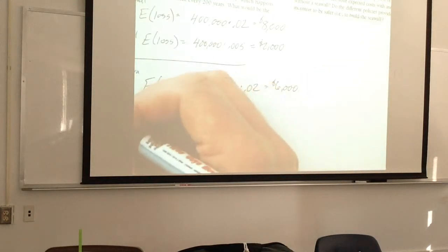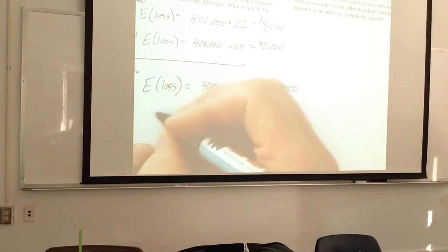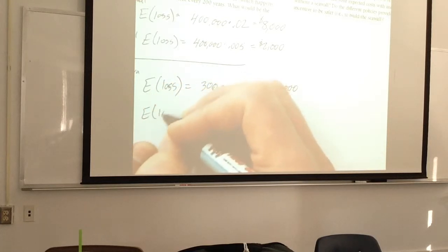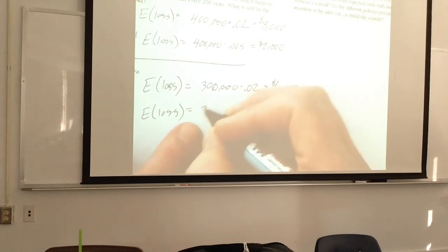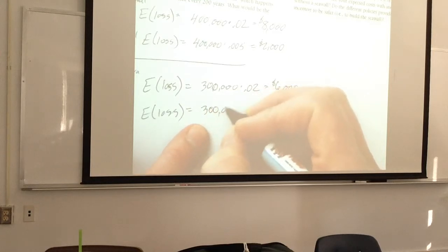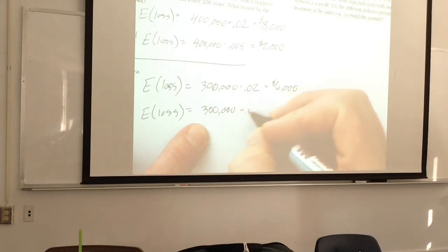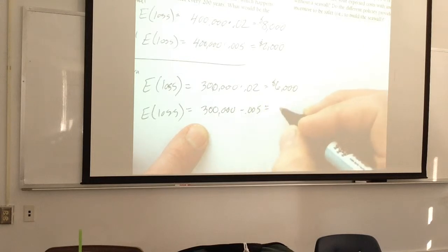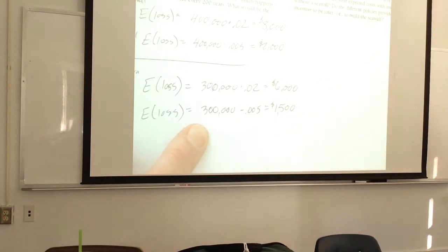And then with the seawall, we've got the 300,000 times the lower percent, which gives us our $1,500 expected loss. So, last part of the question.